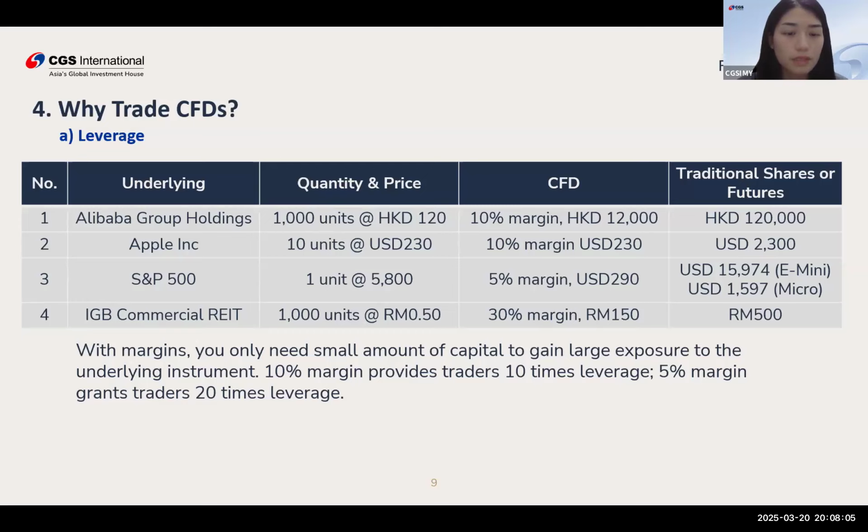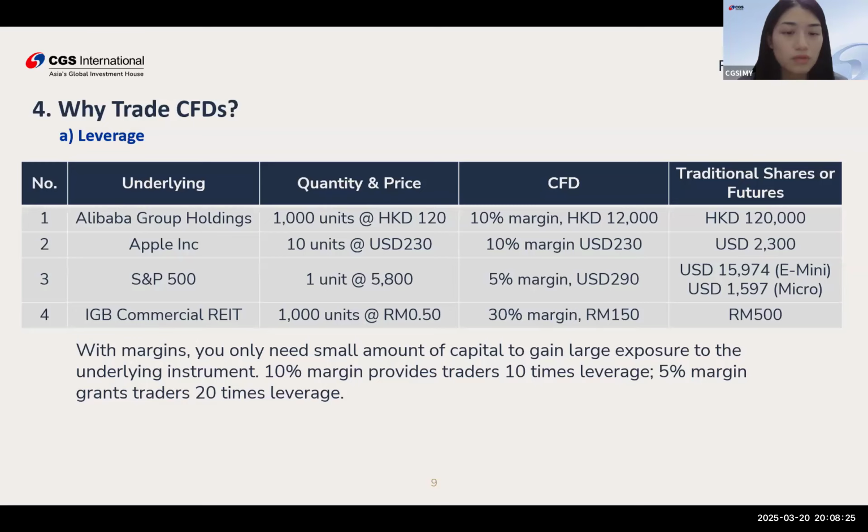However, with CFD, you just need to come out with around $290, assuming the S&P 500 is trading at 5,800 at 5% margin per unit. So with our cash index CFD, you can slowly build up your index position without needing too much capital.